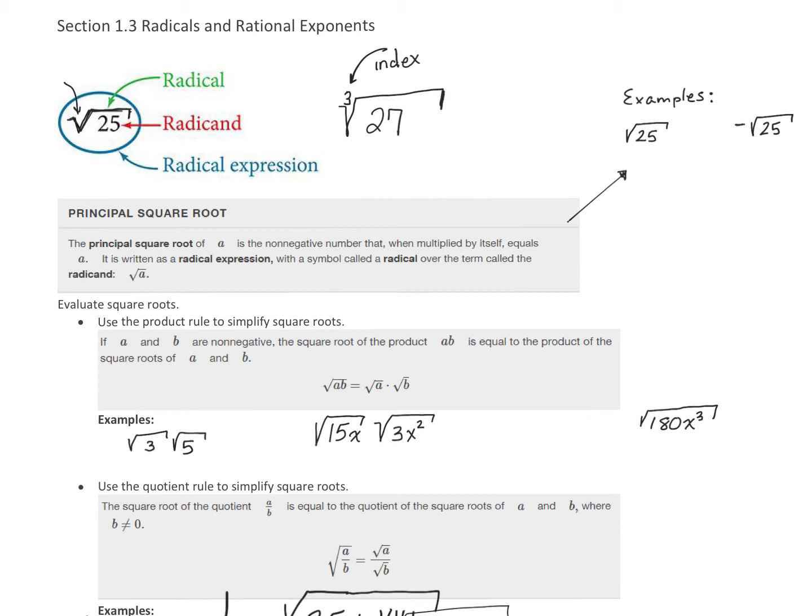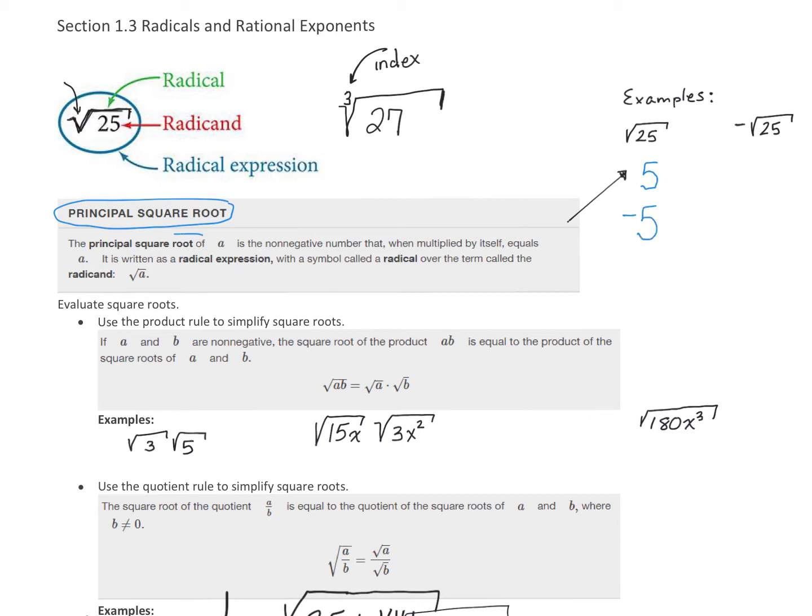So the first thing we need to know is, what do we mean when we say a principal square root? So let's take a look at the square root of 25. Well, in general, that would be 5, because 5 times 5 is 25, but it would also be minus 5.